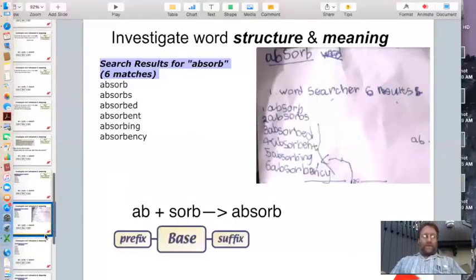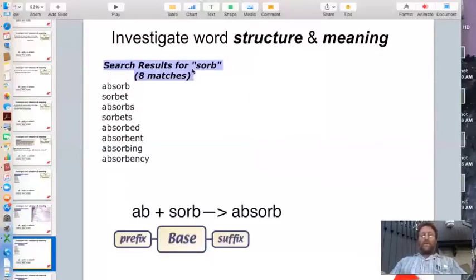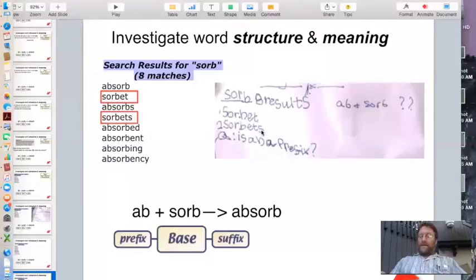But the question really is, maybe absorb is the base, but maybe SORB is the base. So we could just go back to the Word Searcher and type SORB, and now we get 8 matches, a couple more. And as Anya noted, when you go down to SORB, you get a couple more results, and here they are.